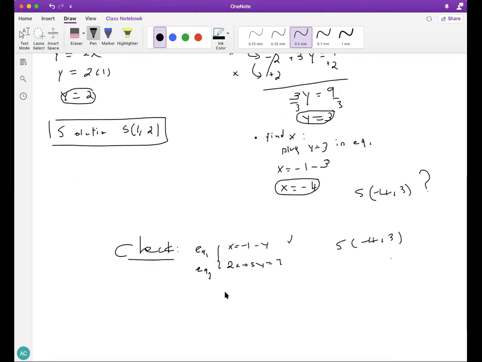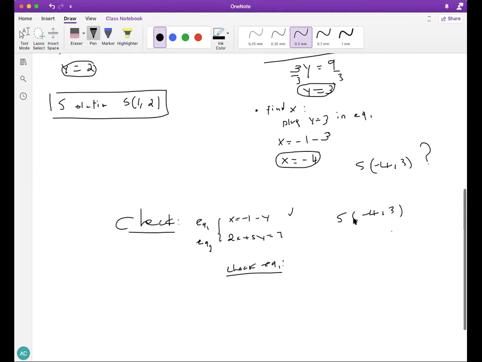Okay, check equation 1. So we're going to take this, and plug it into this. So again, this is x and y. I'm going to plug into the equation that x is -4, minus 1 minus y, y is 3.